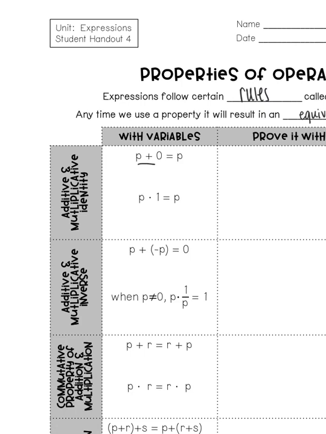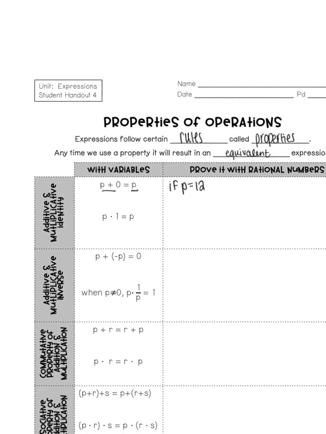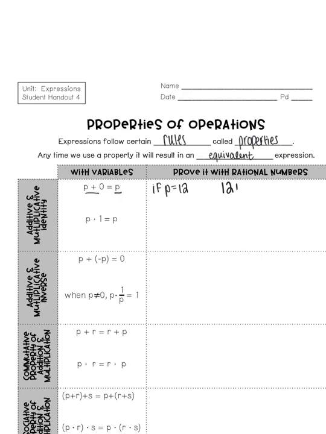P plus 0 equals P. If P equals 12, 12 plus 0 equals 12, right? 12 equals 12. That is an equivalent expression.